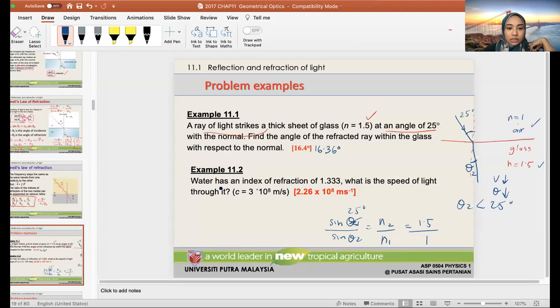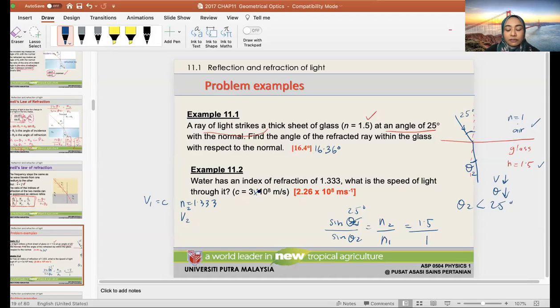So to the next question. Water has an index of refraction of n equals 1.333. What is the speed of light through it? So it's asking what is V in n2. So it gives C, it gives V1. So V1 is C. And we know that the speed of light, C, is this guy.